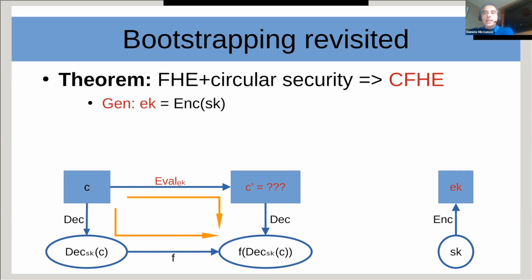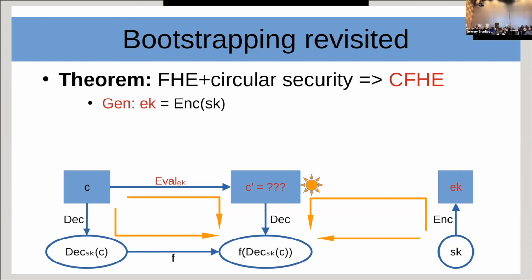We want to get this orange commutative diagram here, but all we have is a different type of encryption, one with the property that if you encrypt, evaluate, and decrypt, you get the same result as performing your function in the clear. But this gives us a way to find a ciphertext C prime that decrypts to what we want. Just take a function that maps this secret key to what we want.